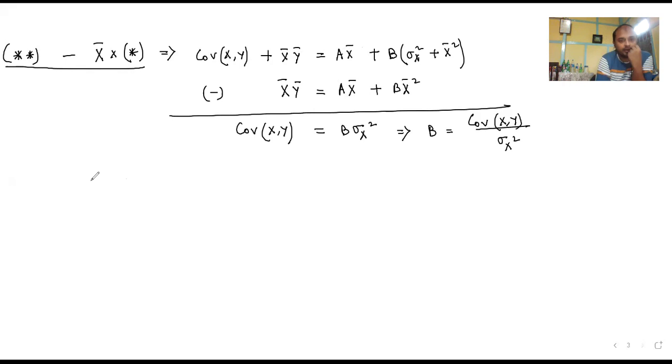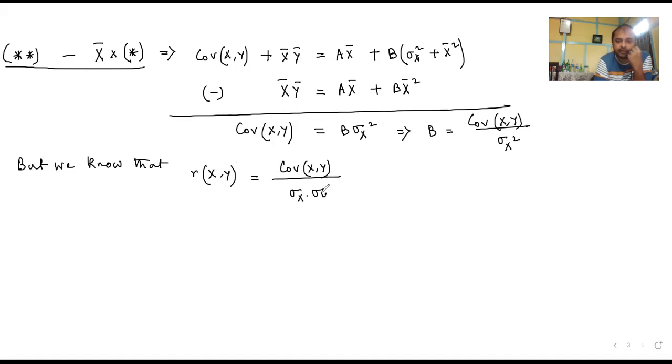But we know that the correlation coefficient between x and y is equal to covariance of xy by sigma x into sigma y. So this implies that we can write correlation coefficient rxy multiplied by sigma y as covariance of xy by sigma x.